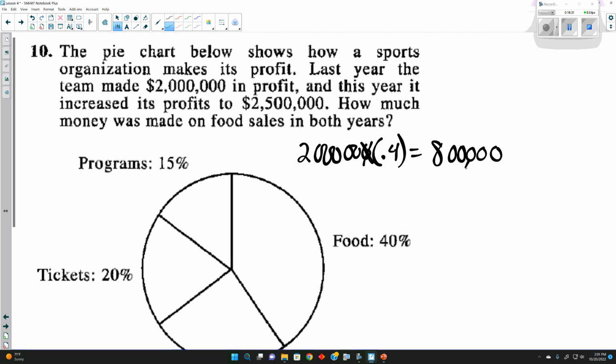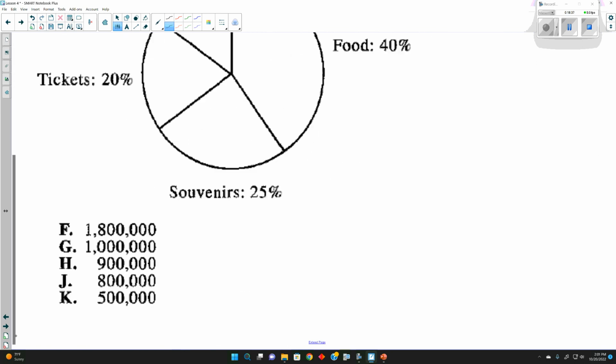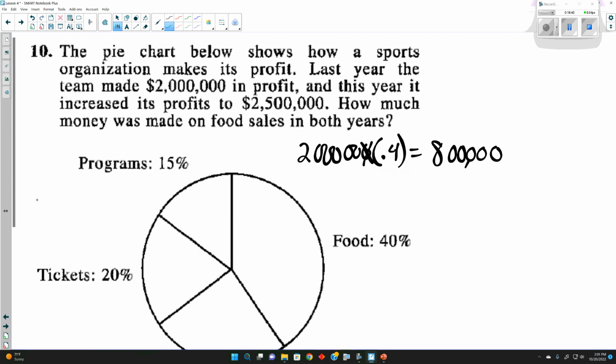So how much did they make in one of the years? 800,000, yes? Is that one of our answer choices? Is that the correct answer choice? Both years. So we also have to do $2.5 million times 0.4.